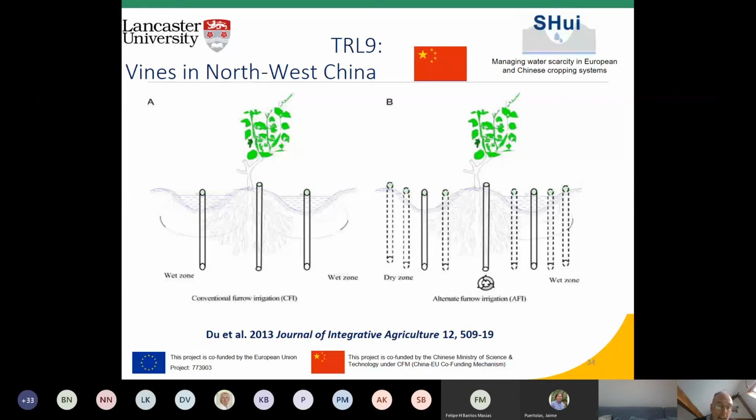And you can see here that, compared with conventional furrow irrigation, where every furrow is irrigated, you can save a substantial amount of water if only every second furrow is irrigated. I'd encourage you to have a look at the work of Taisheng Du and his colleagues, who've done some nice work with this particular technique of alternate furrow irrigation.